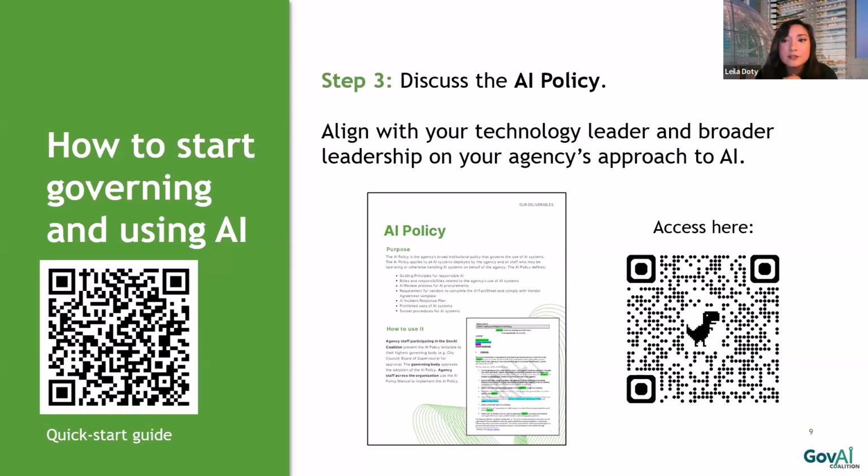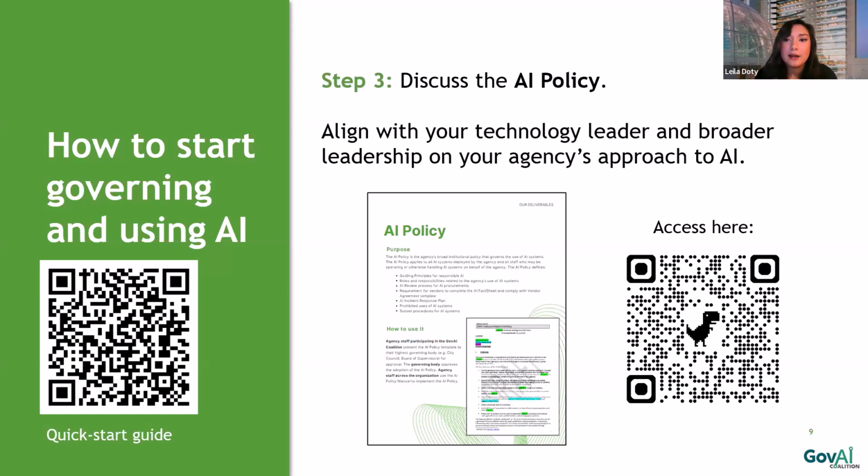At this stage, we recommend involving the CIO or the equivalent in your organization, and any other relevant executive stakeholders. It's really important, we've found, for everyone to be aligned on the AI policy early on, because it's going to impact all of the downstream AI governance activities that you'll be doing.